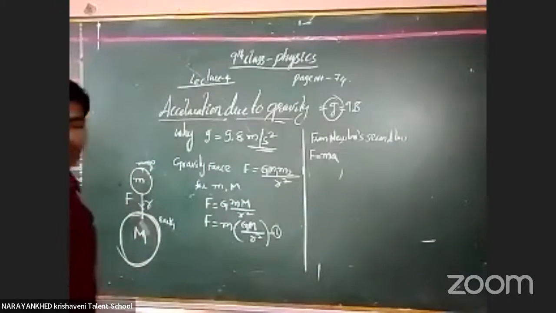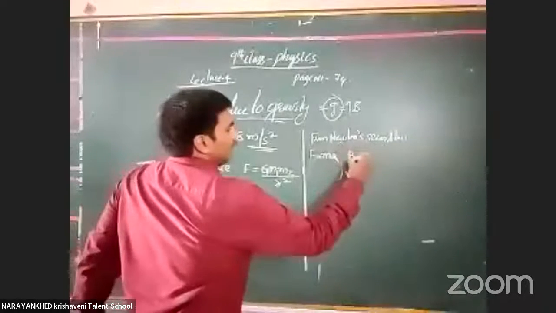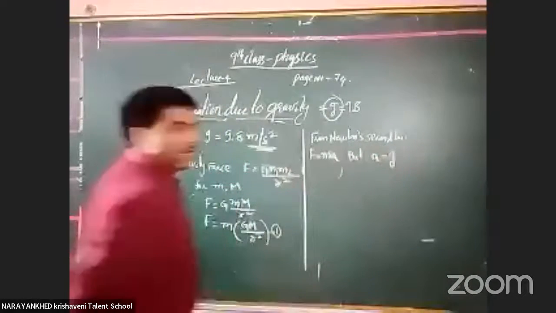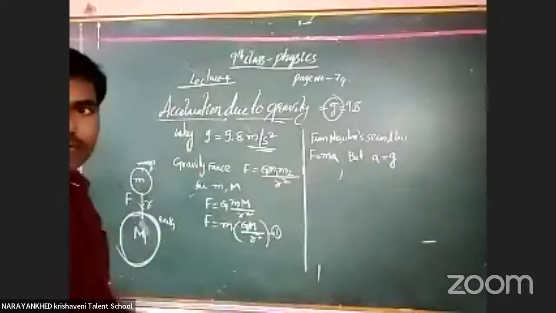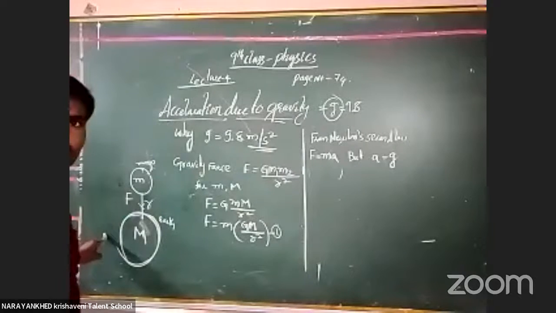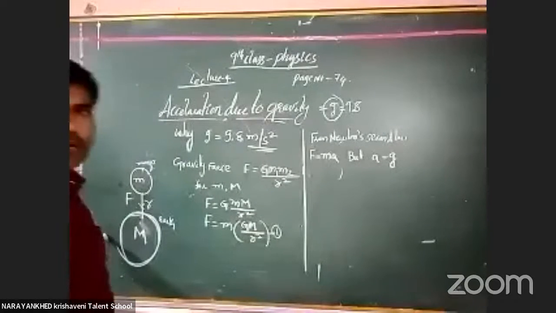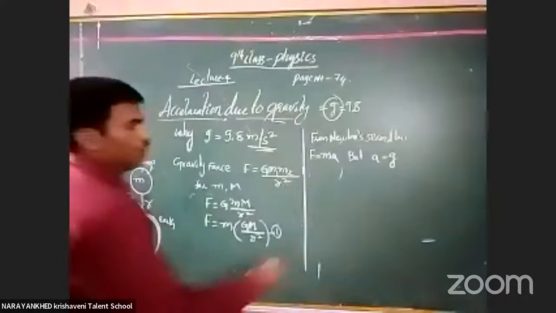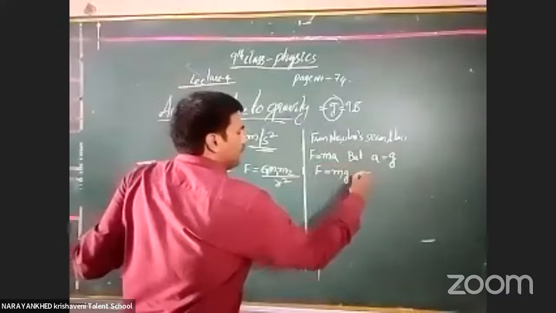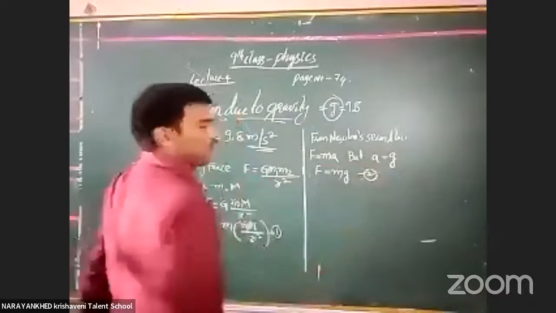Freely falling body. But here a is equal to what? a is equal to g, the acceleration due to gravity, is working in this particular condition. Acceleration due to gravity is the only one working here. Now it becomes F is equal to mg. This is equation number 2.